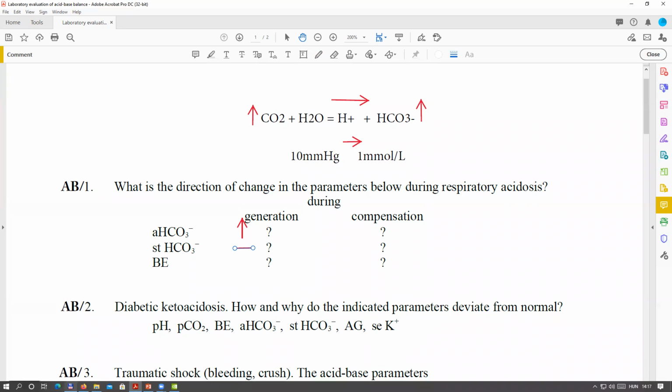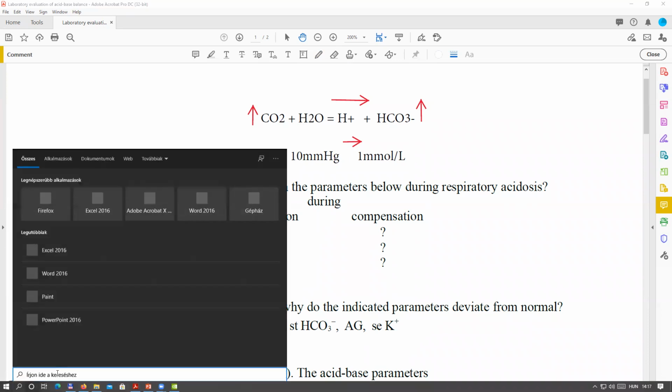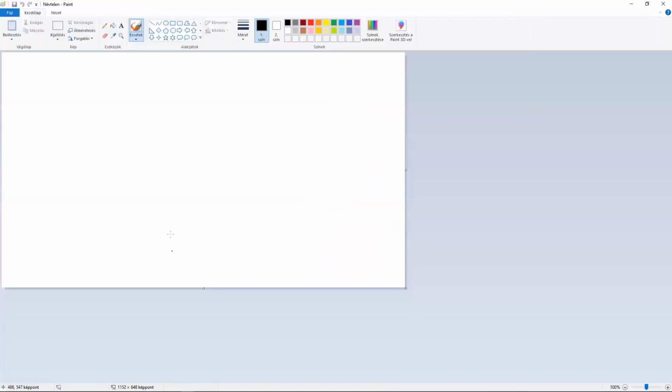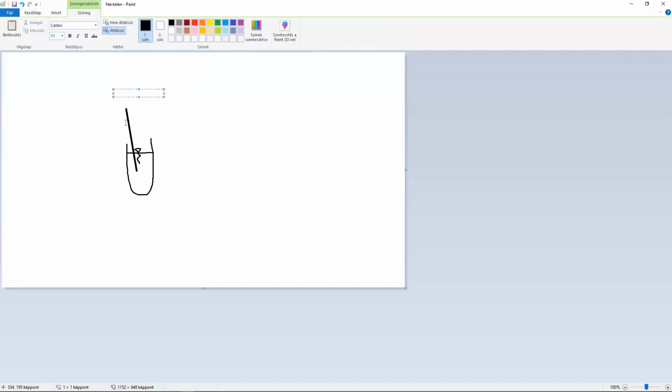Now let me show you something, maybe I can draw a picture and you will understand. We take a beaker full of water. This is what we start with. Then we gas this water with CO2, putting some CO2 into the water.